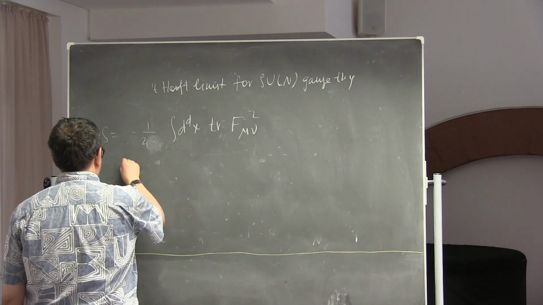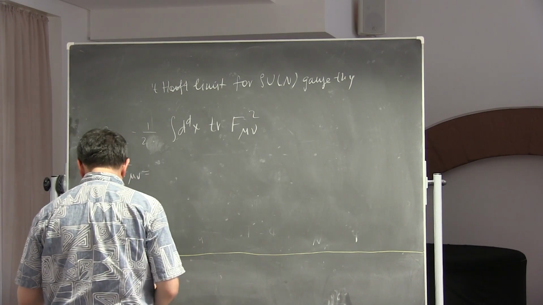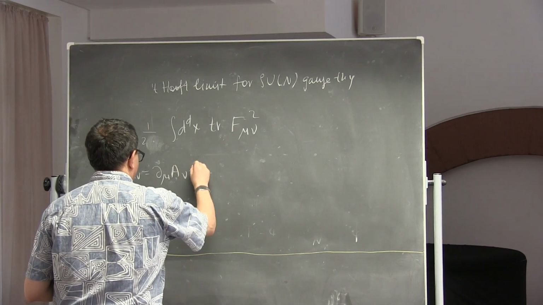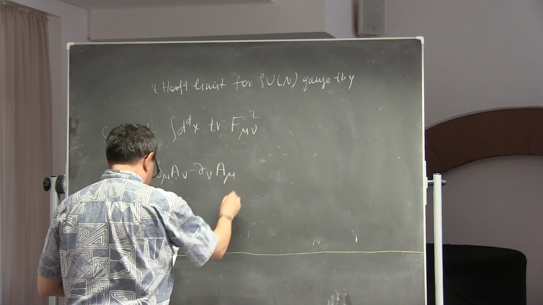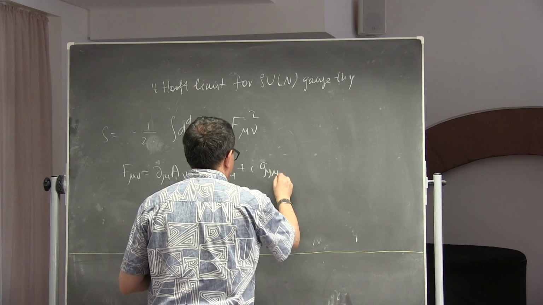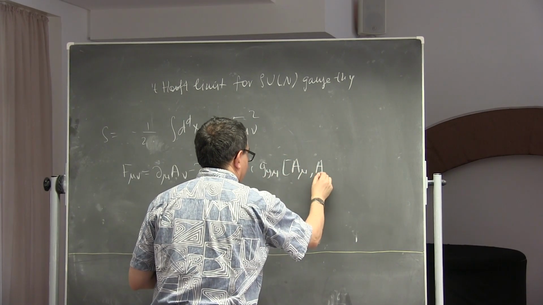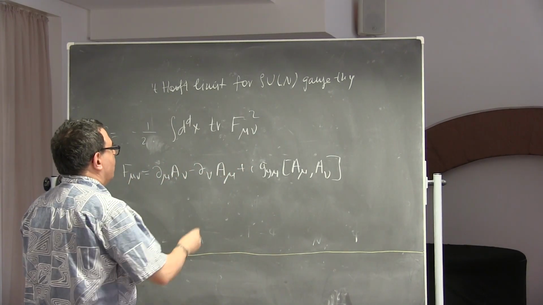Right, and F_mu nu is the non-abelian field strength, right? It's d_mu A_nu minus d_nu A_mu plus i times g_YM commutator [A_mu, A_nu], right?